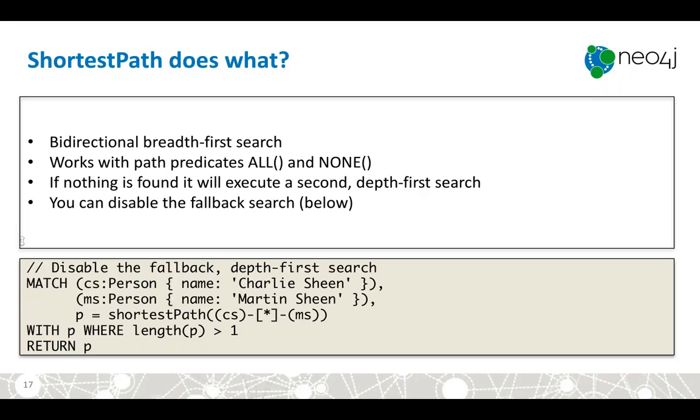So this is a completely separate additional search that is executed if it's unable to find a result from the first search. This can be disabled, the fallback search, using the syntax below where we execute a with clause. So if this is something you want to avoid in your application, you can disable the depth first search entirely.